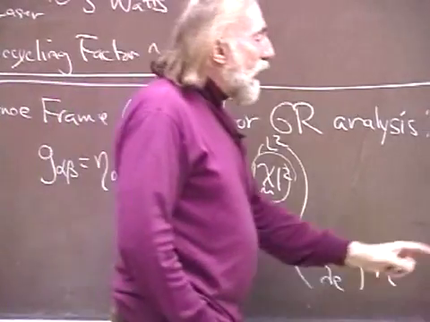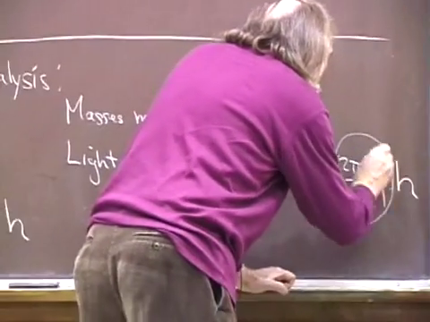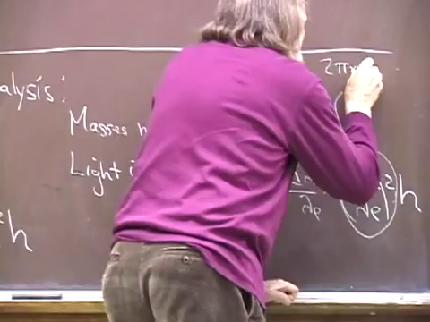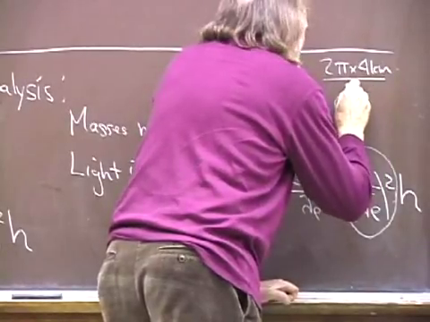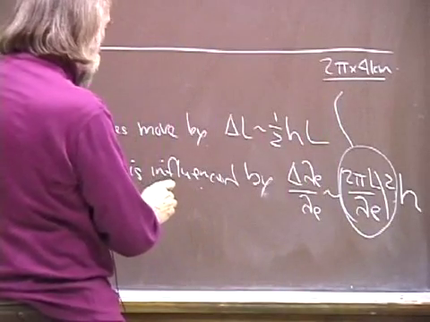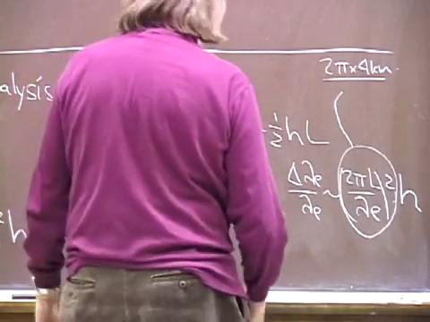So let's look at LIGO. What is the magnitude of this term? Well, for LIGO, that's 2 pi times 4 kilometers divided by, just a second, what am I doing here?